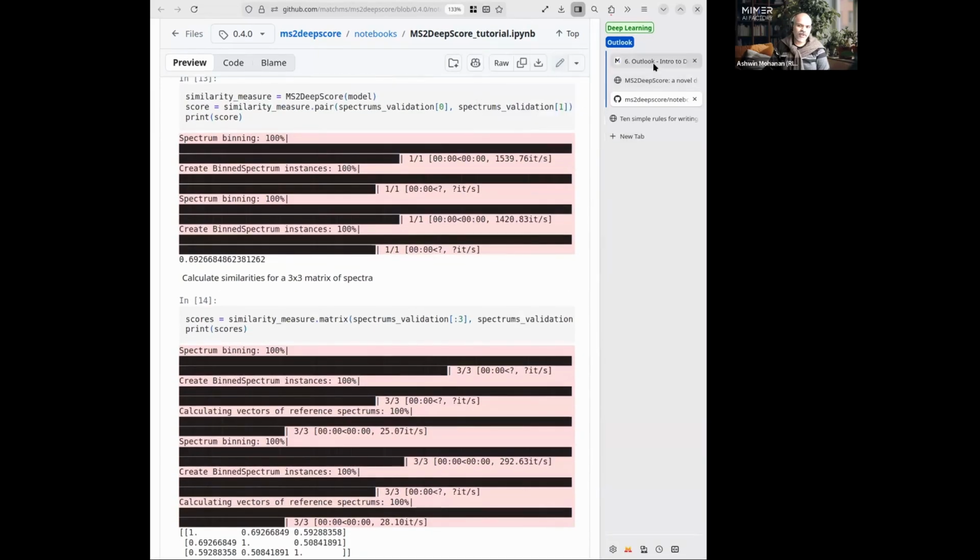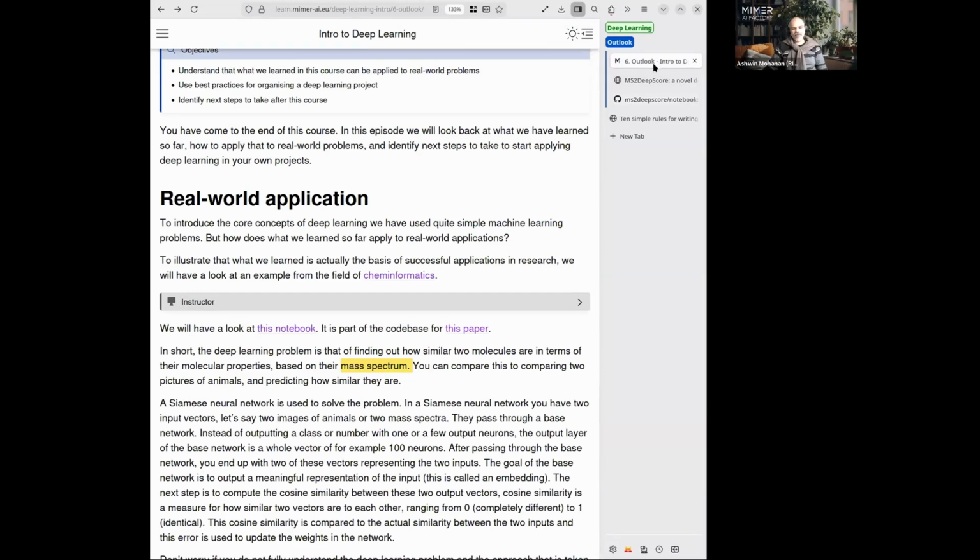So the point that I want to make by looking at such real research is that you can transfer the knowledge. We talked about transfer learning, like when the model adapts to different problems, but you can also transfer the knowledge that you gain here to adapt to your own problem and create your own networks too.